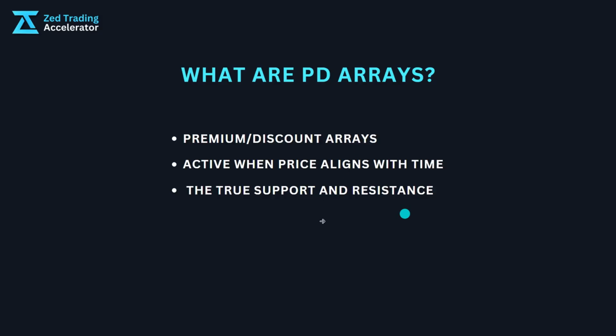Those are fair value gaps, order blocks, breaker blocks, rejection blocks, mitigation blocks. So remember that. It means that it will support price and it will resist the price from going higher or lower. This is very, very important.